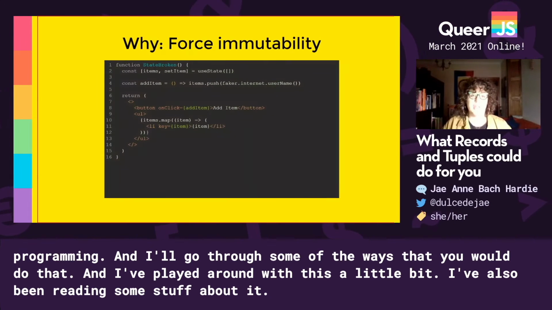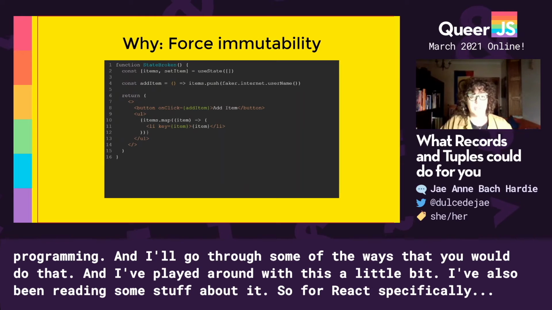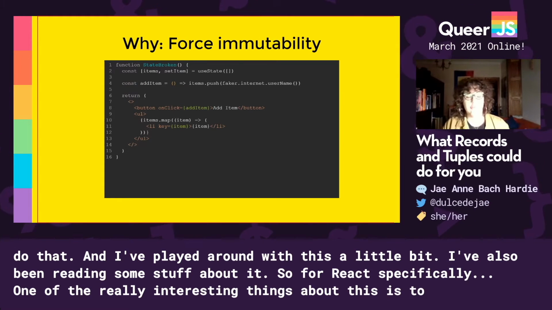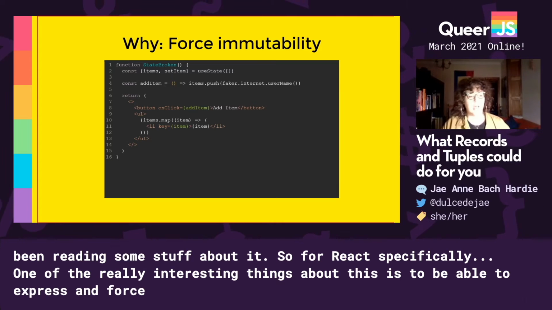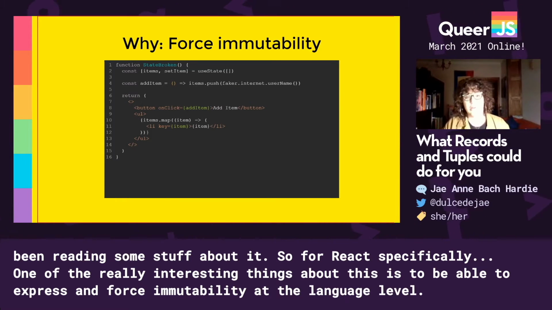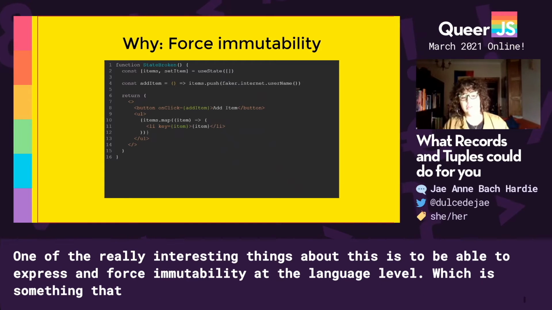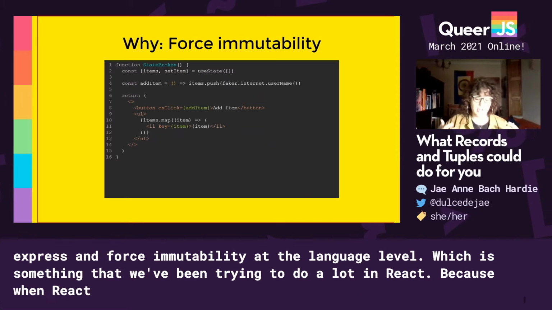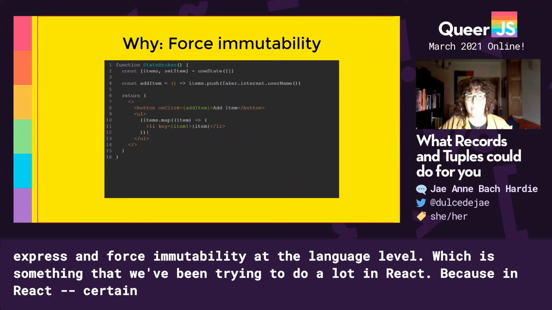So for React specifically, one of the really interesting things about this is to be able to express and force immutability at the language level, which is something that we've been trying to do a lot in React, because in React, certain things you need to treat as immutable.